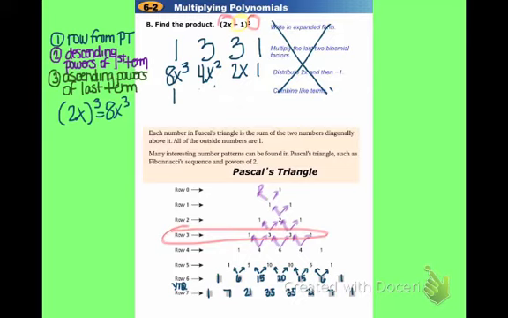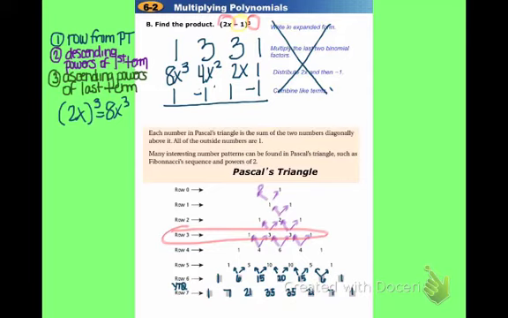So -1 to the first power is -1. -1 raised to the second power is a 1, because -1 times -1 is +1. And then finally -1 raised to the third power, which is a -1. And again, we're stopping at 3 because that's a third degree expansion that we're doing. We're raising something to the third power.